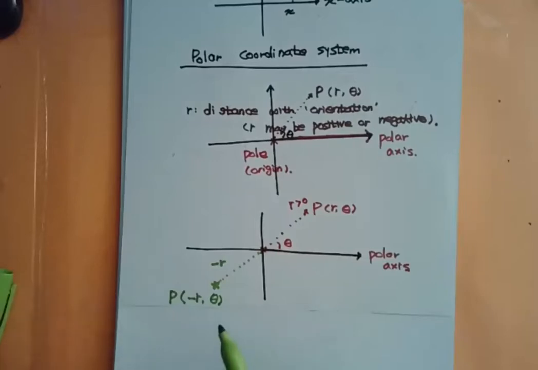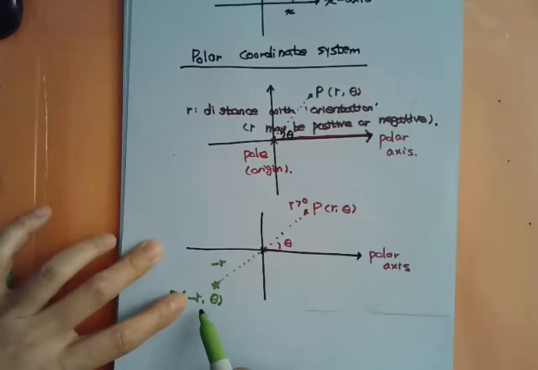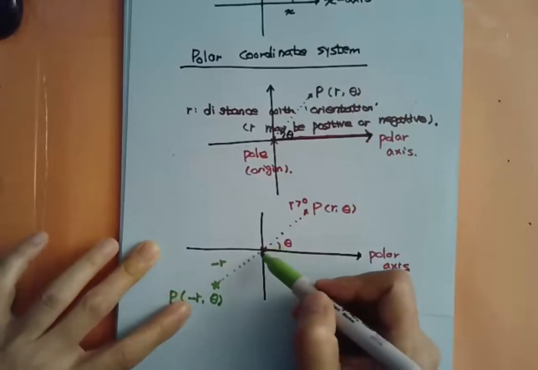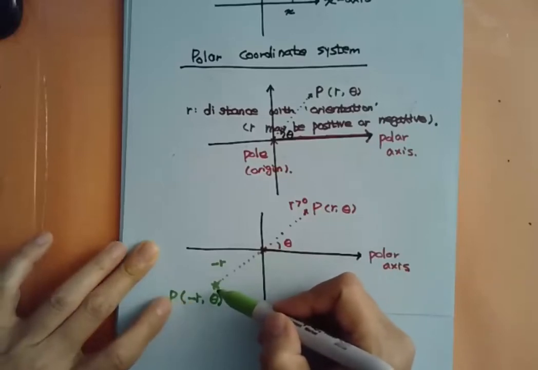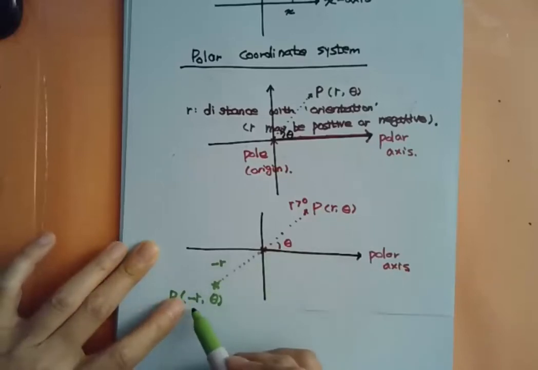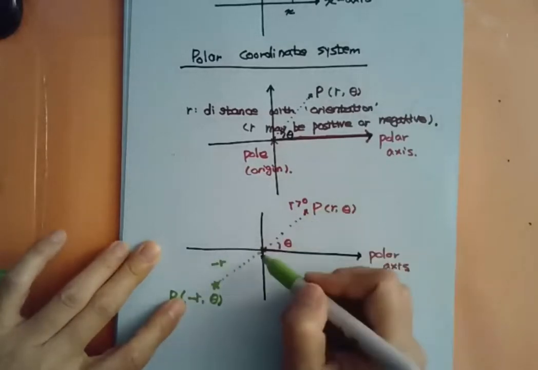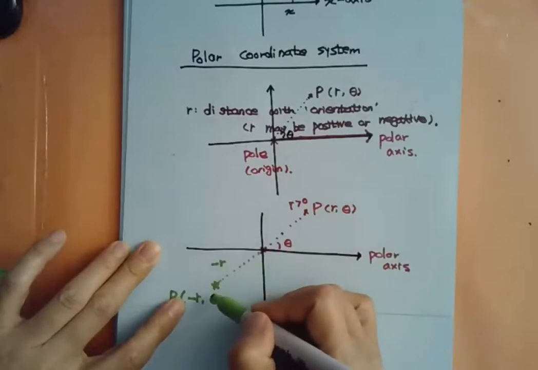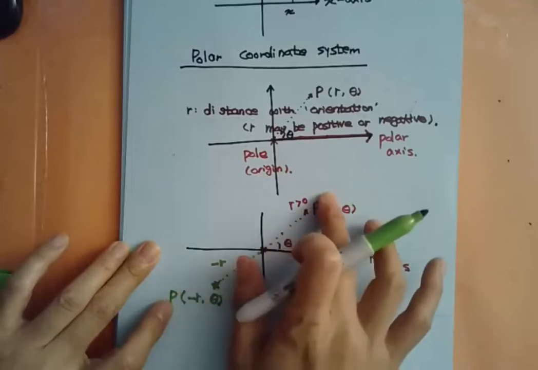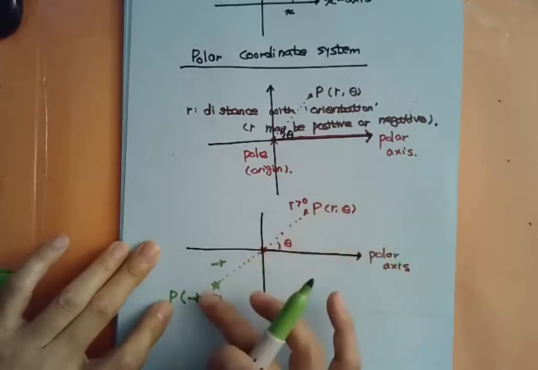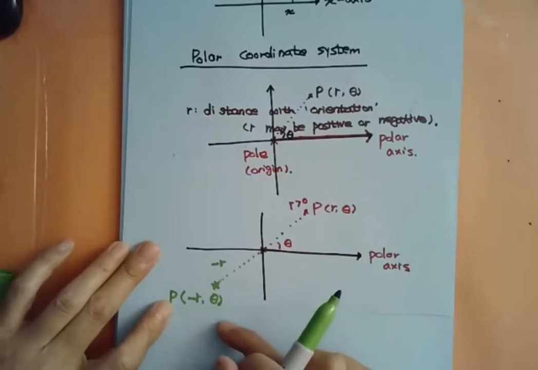So this r, the absolute value of negative r, is the distance between the origin and the plotted point. But negative means instead of going toward the theta direction, we are going toward the other direction. So instead of plotting the point in the first quadrant, we are plotting the point in the third quadrant by using the angle theta.